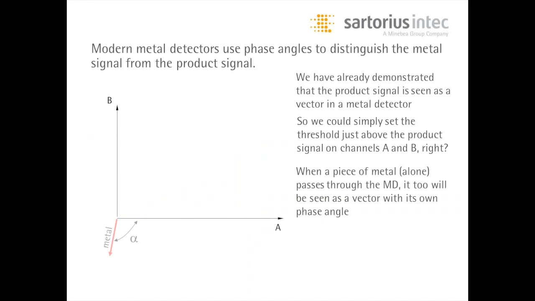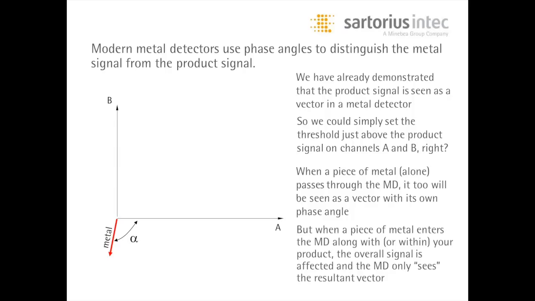We can't do that because if you forget about running your product through the metal detector and now just run a piece of metal through the metal detector, it can have a completely different vector and has nothing to do with the product vector that we just saw, because now you're just running a piece of metal through the metal detector. So it reacts the same way. This will have to be broken down into its XY coordinates as well.